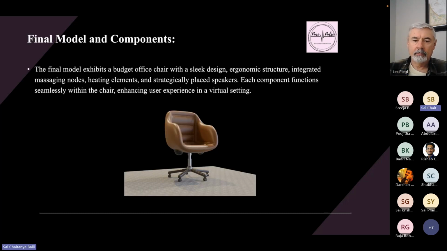Then we used the Blender toolkit add-on for adding the textures and the HDRs for the lighting. For the seat we used a leather texture, for the base we used plastic PLA, for the rod we used stainless steel, and we added the carpet material in the Blender toolkit.